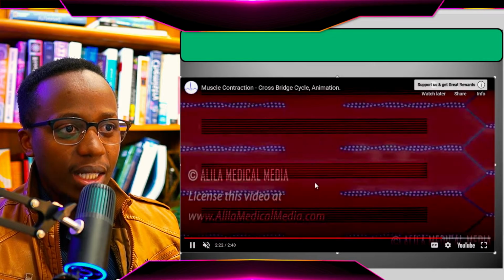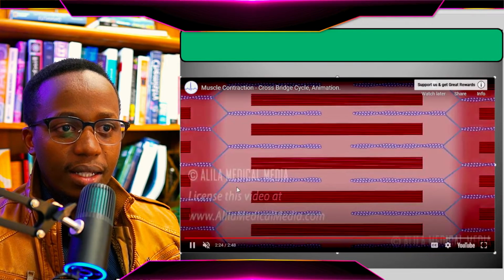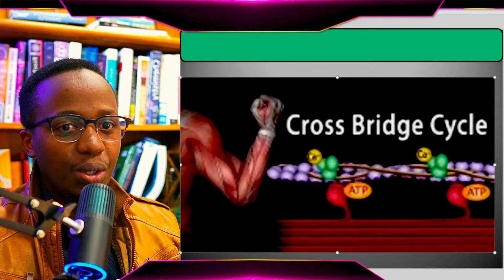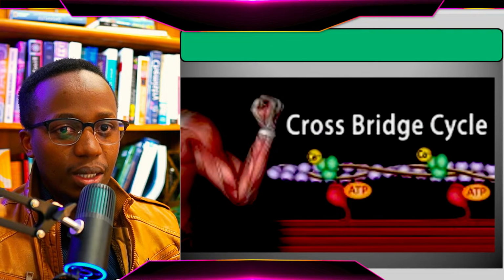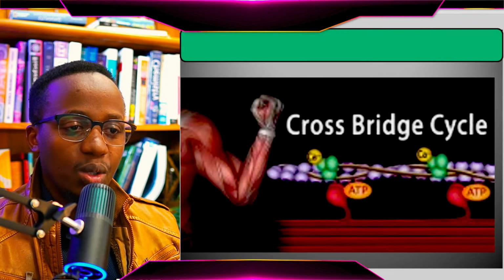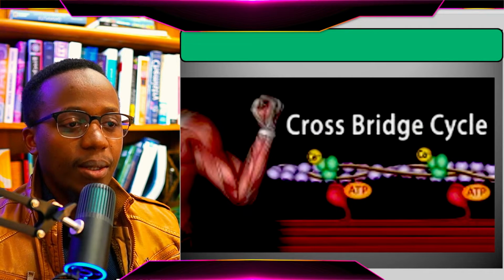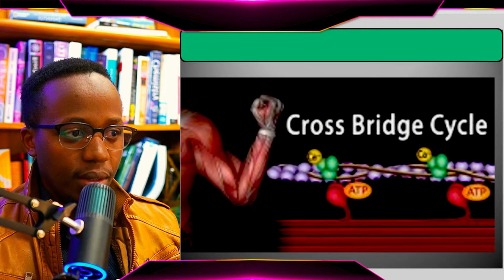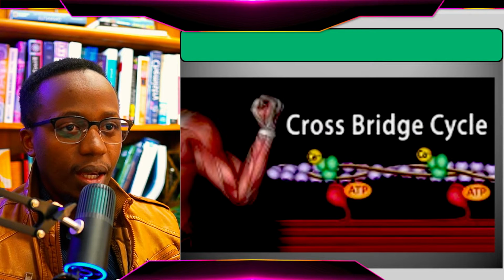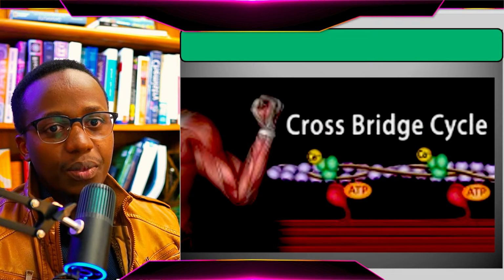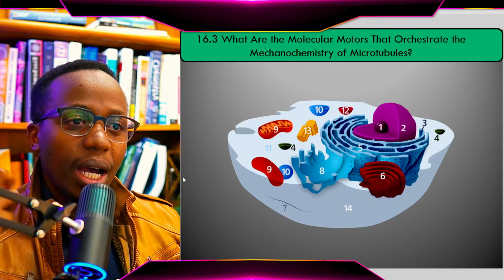This is how it happens, and these two molecules work together to do this. That's really cool, and this is one of the ways these proteins work together, so that you can use your muscles. Now, let's go back to the cell.